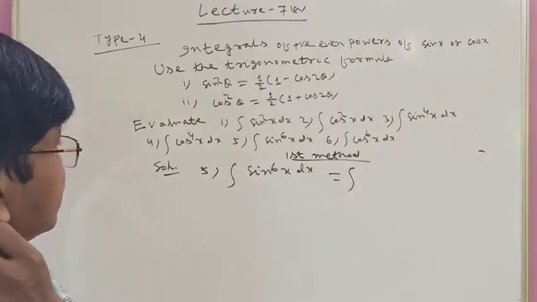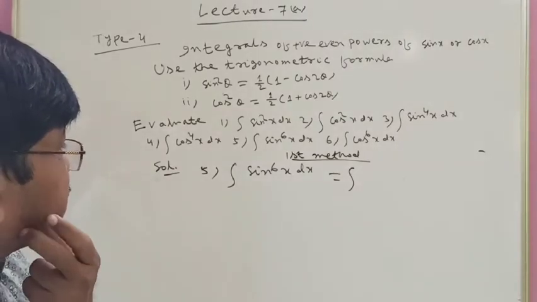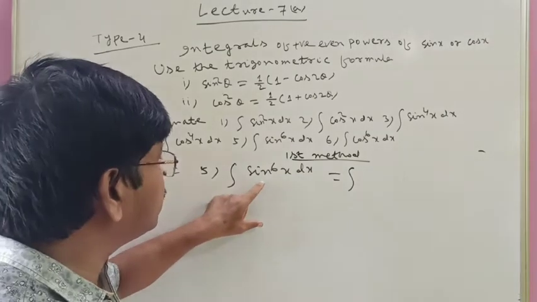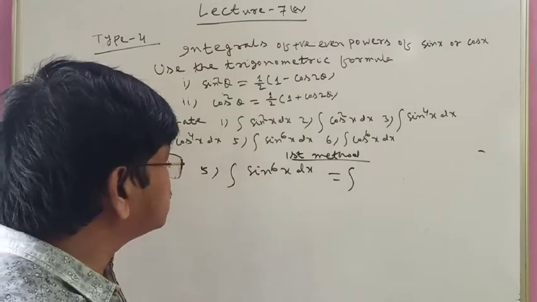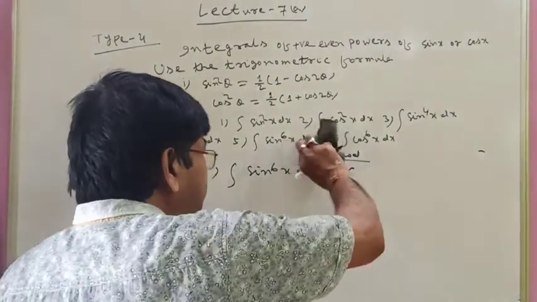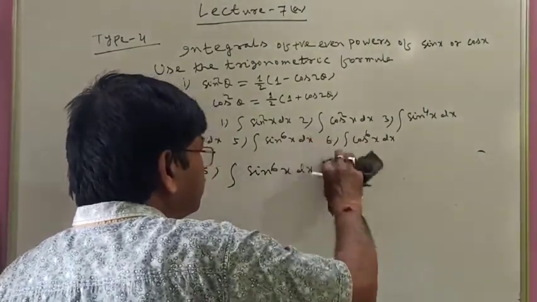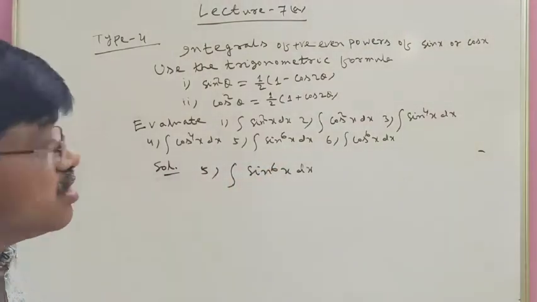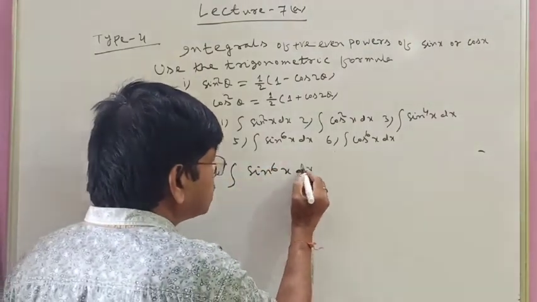That is one method. Another method is to write sin cube x whole square. That way it will come out, but it will be very lengthy if you write sin square x whole cube. So this way you will solve it.